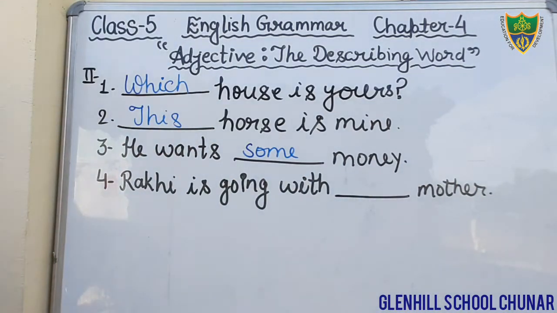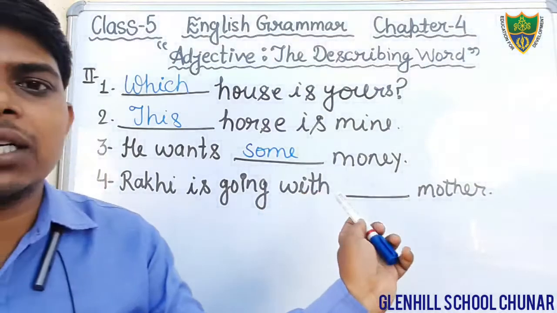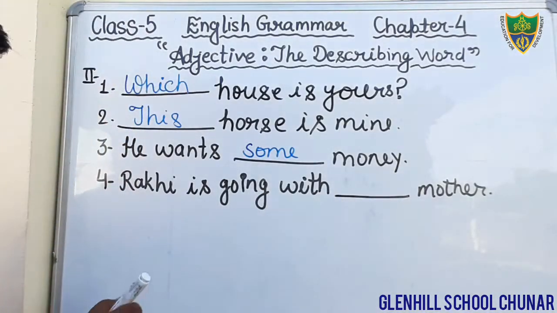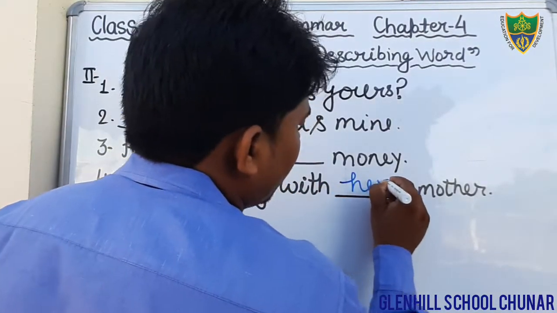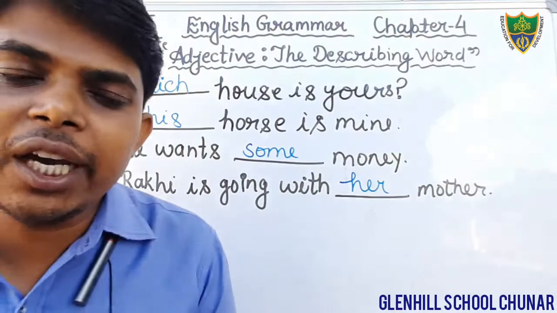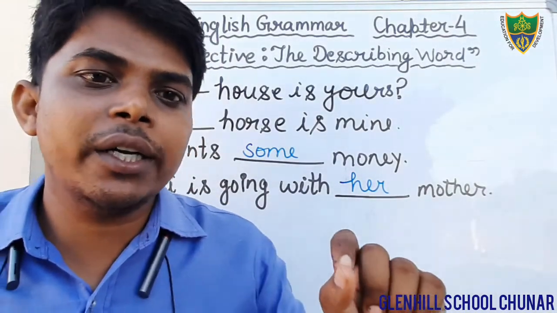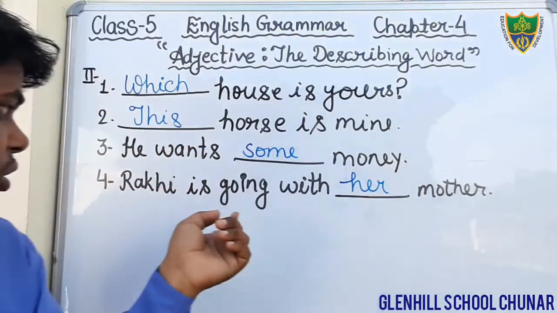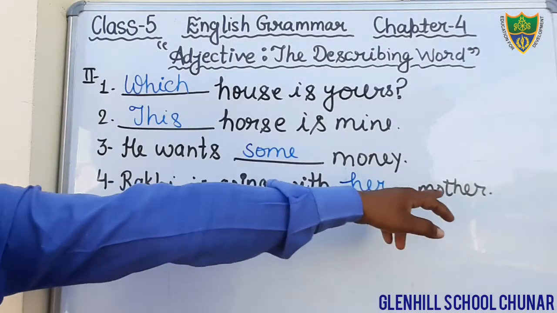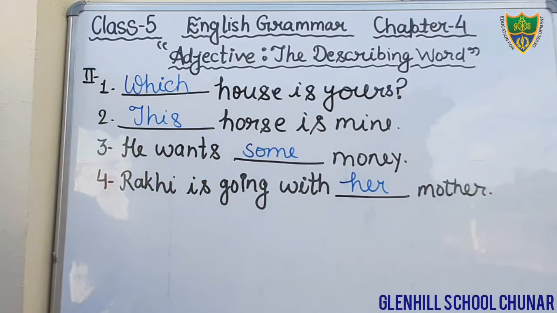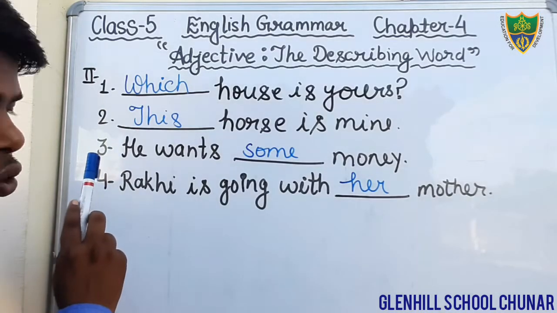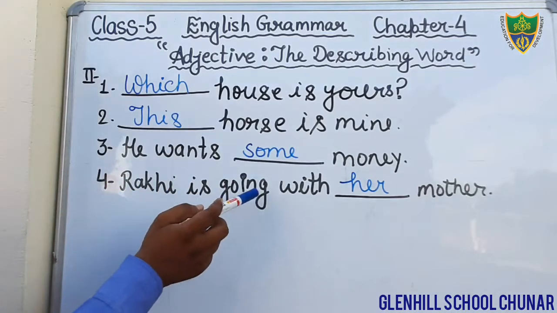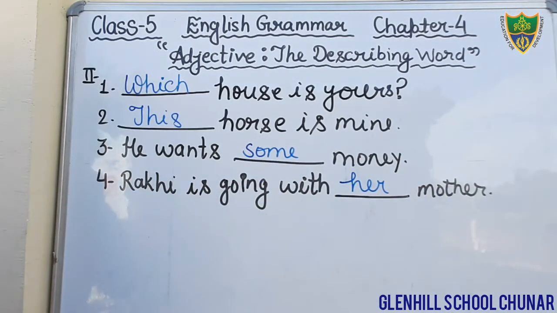This is the sentence in which we have to fill the appropriate, suitable adjective. Rakhi is going with her mother. Dear students, here the word her is a possessive pronoun. In your book it is not given, but I have told you that it is a possessive pronoun. So in question number 4, you will fill the word her, H-E-R. Rakhi is going with her mother.